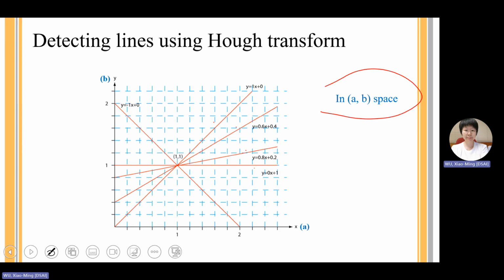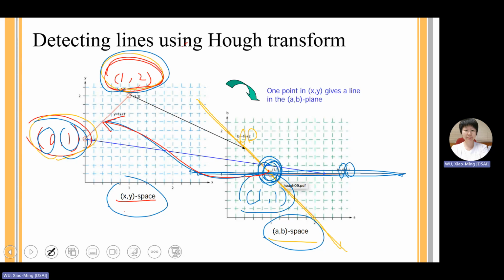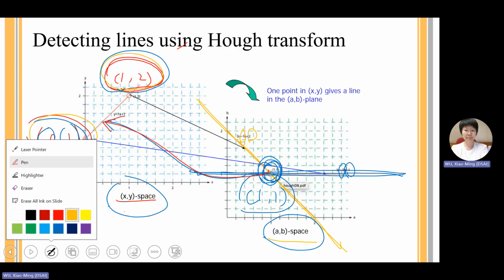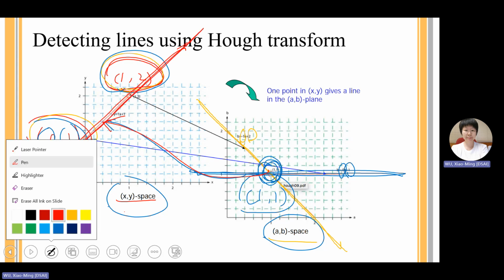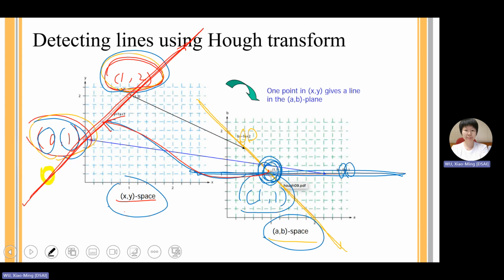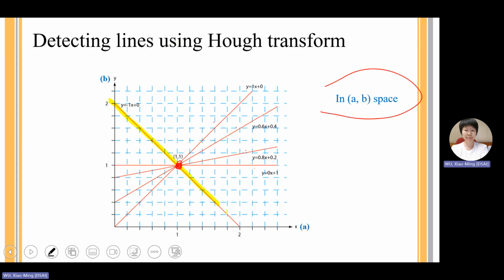We have 5 straight lines that intersect at 1, 1. So this is 1, 1. This line. Okay, so there are 5 points along this line in the xy space, and each of them corresponds to a straight line in the AB space, and they all intersect.